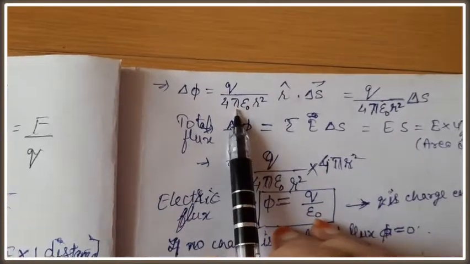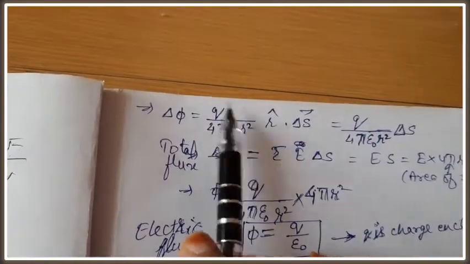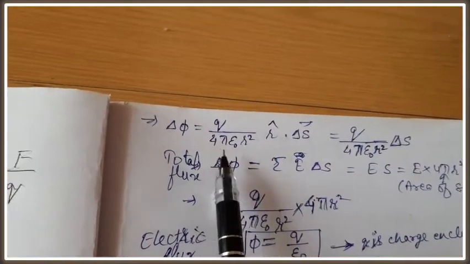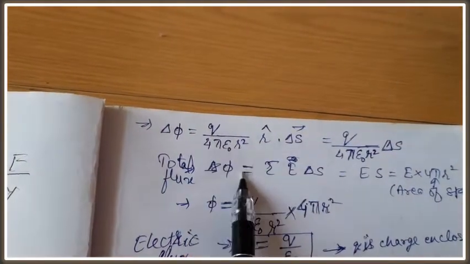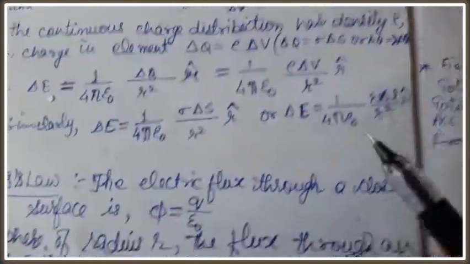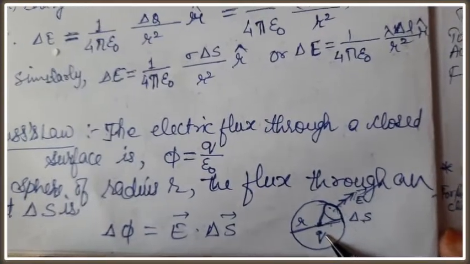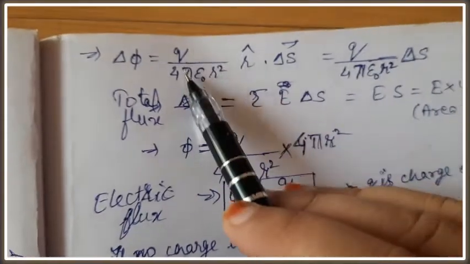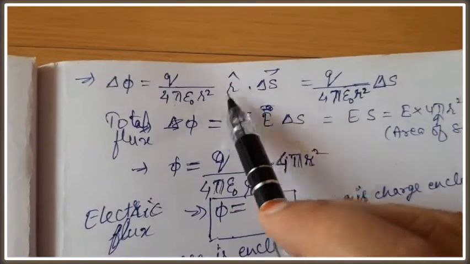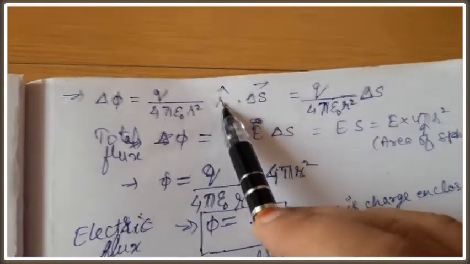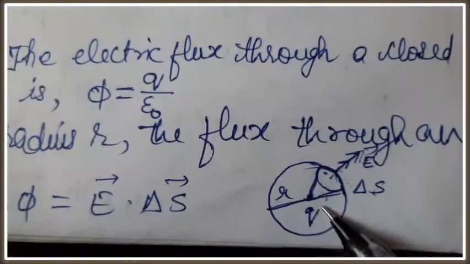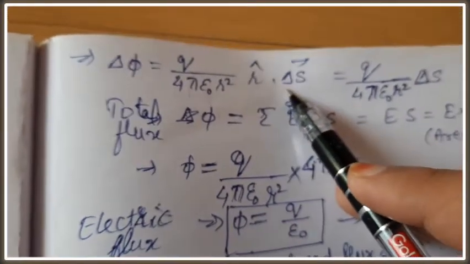And according to the Gauss law expression, the value of electric field E is given by 1 upon 4 pi epsilon naught q upon r square, where r is the radius of this sphere. So 1 upon 4 pi epsilon naught q by r square, and r cap, which shows the direction of electric field, because the direction of electric field is along the radius, normally outward, dot delta s.